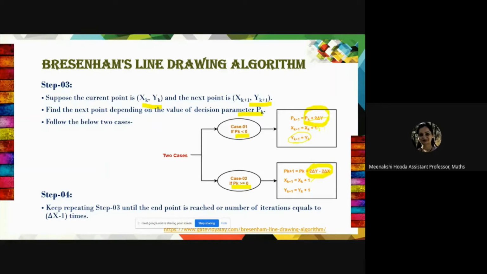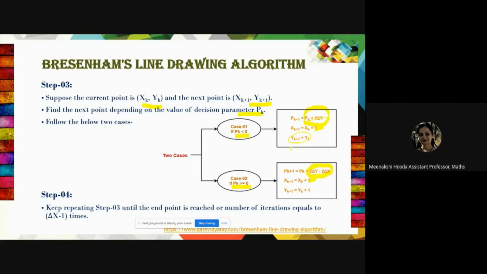So x will be incremented in each and every case, and if pk is less than 0, then y will not be incremented. We will use the previous value of it.